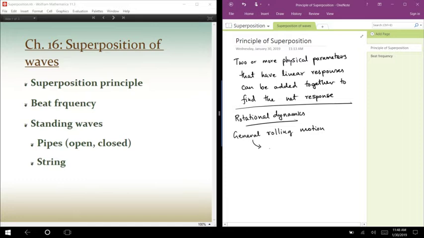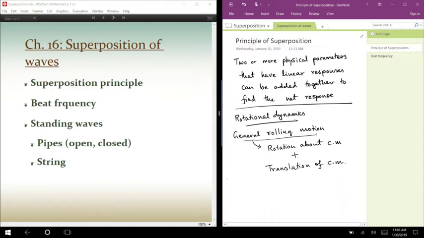One is rotation about the center of mass, and the second one is translation of the center of mass. So the translation is a linear response, rotation about the center of mass is a linear response, and you can add these two together to get the general rolling motion, right?